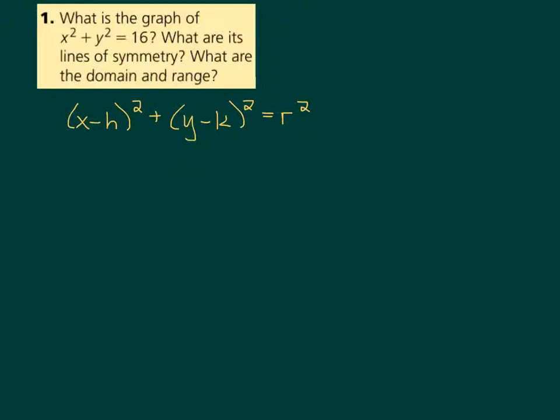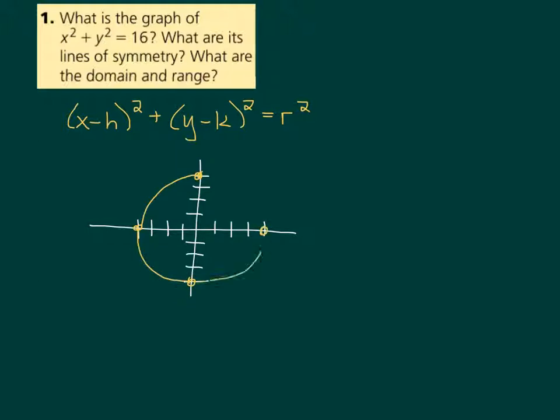So when we graph this, we're just going to go to 4 everywhere. Like that. So it is a circle with radius 4 centered at the origin.